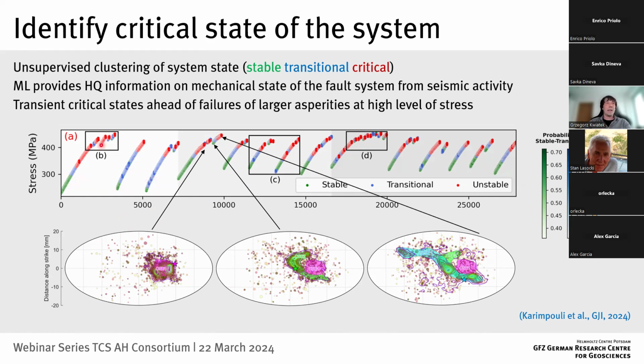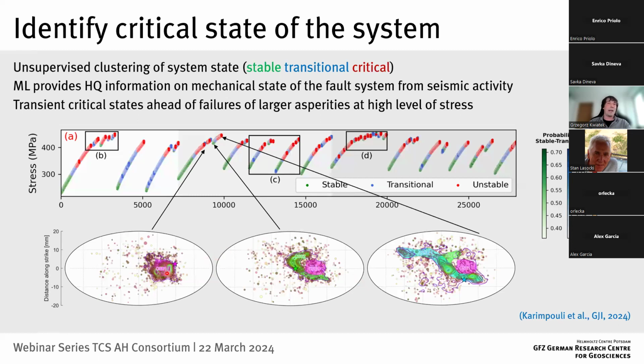So what we see here, we have these numerous transient critical states that are highlighted with the red color, more or less, that predominantly occur at the high level of stress. And these machine learning identified critical states mostly precede failures of millimeter to centimeter scale asperities in the sample.